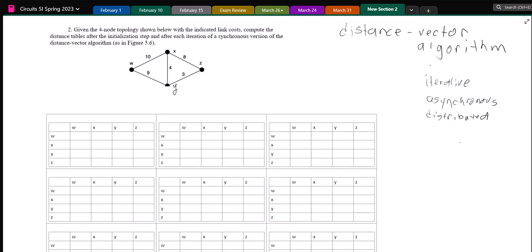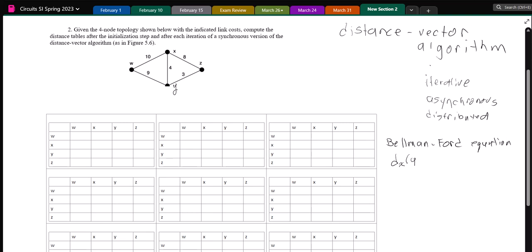And then also, I'll go ahead and talk about this now: the cost that we're coming up with for each of our nodes comes from the Bellman-Ford equation, which is that the distance from node X to node Y at each step, at each iteration, is going to be the minimum value taken over all of the directly attached neighbors.